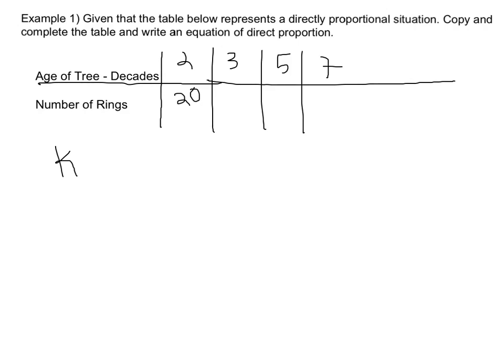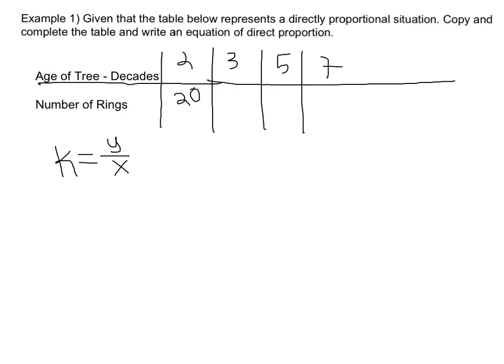In the past slide, we said that we can write our equation of direct proportion as k equals y over x, where y is the dependent variable and x is the independent variable. In this case, we can say that the number of rings a tree has is dependent on the tree's age.